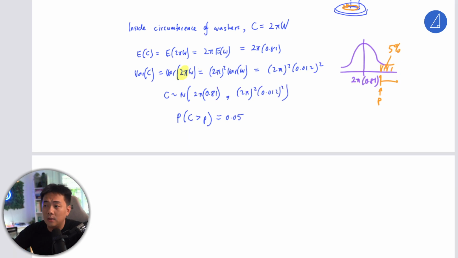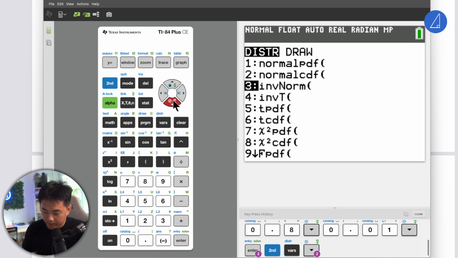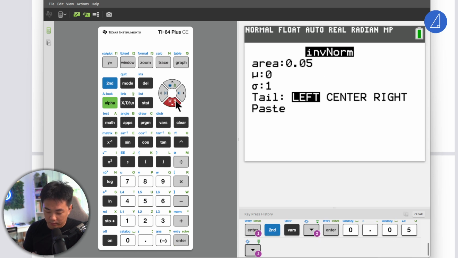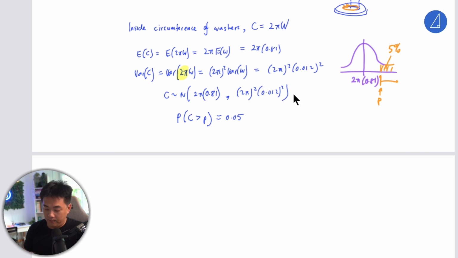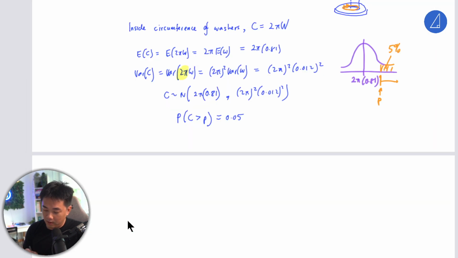In this case, we can just use the GC and use inverse norm. Go to second distribution, inverse norm. Then for the area, you can use right, or you can use 0.95 first. If you use right, just remember to put right here. After that, for the center, you put 2π times 0.81.